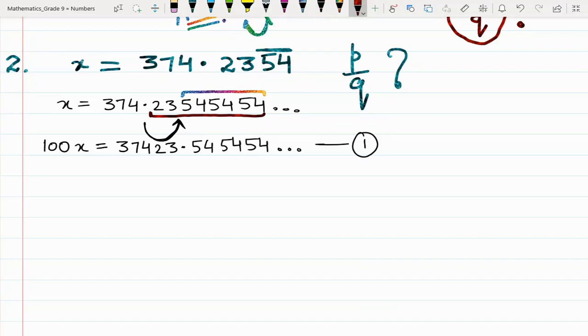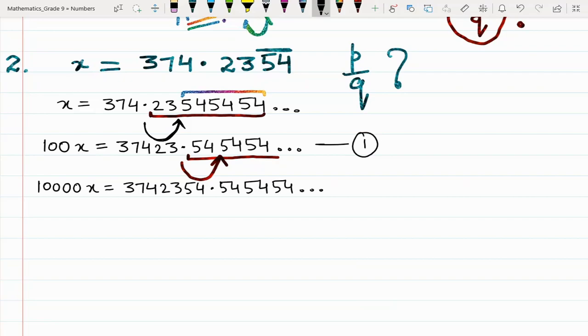Now to get equation number 2, again I need to shift my decimal how many places to the right? 2 places, so that it starts again from 5 and your decimal part is exactly the same as equation number 1. So let's multiply equation 1 with again 100 and you will get 10,000x on the left side, and on the right side shift your decimal 2 places to the right. You will get 3742354.5454 and so on.